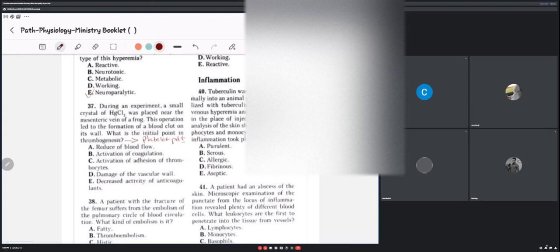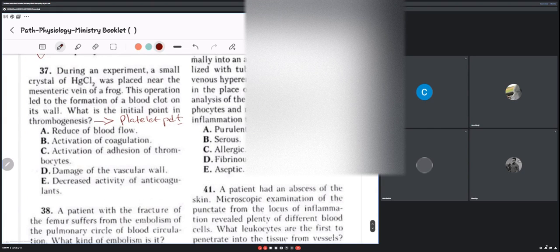So it takes time. By the time the platelets go there to block, the picture is still there. You can still make reference when I send the note. Then eventually they will release the platelets. So the initial point for thrombogenesis to work was damage or rupture of the vessel.